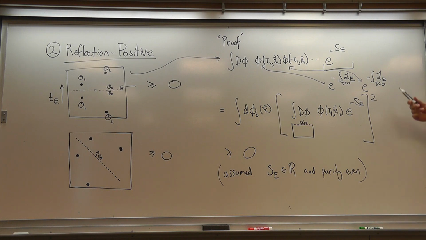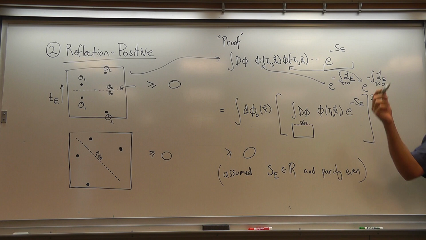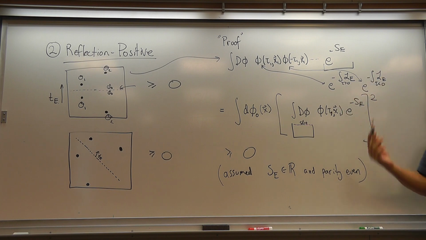I'm not going to go through the details, but if you look at this more carefully, if you have terms in the action that are parity odd, then in the Euclidean action they must come with an i. So then these two things will cancel out, and you'll get a unitary theory.